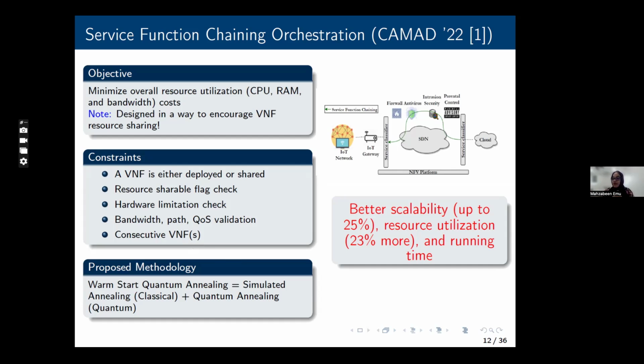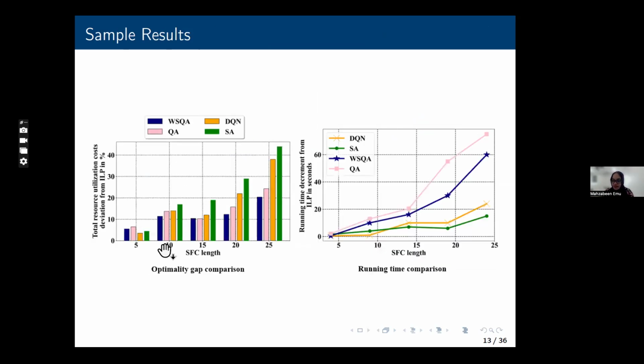So the proposed methodology here was warm-start quantum annealing that I just described in my previous slide. And what we have been able to achieve is better scalability compared to standalone quantum annealer and better resource utilization compared to the classical counterpart. So here are some sample results.